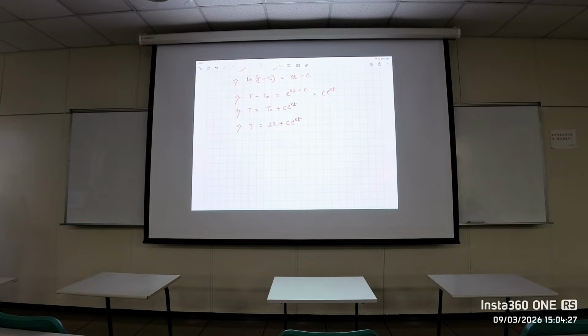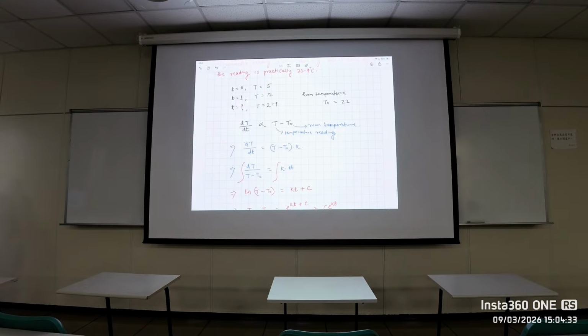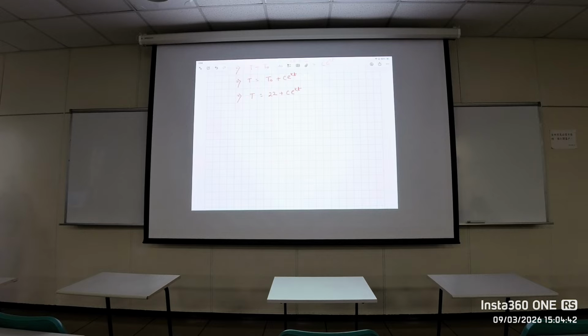Now I have two more initial conditions. One is when t is equal to 0, T is equal to 5.